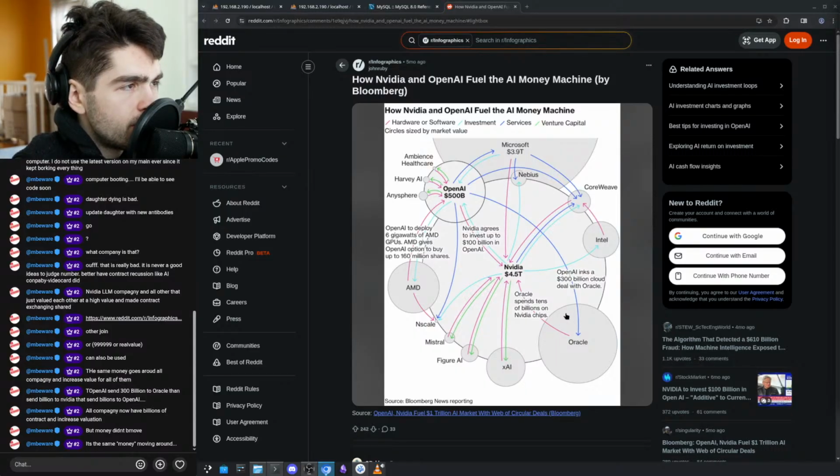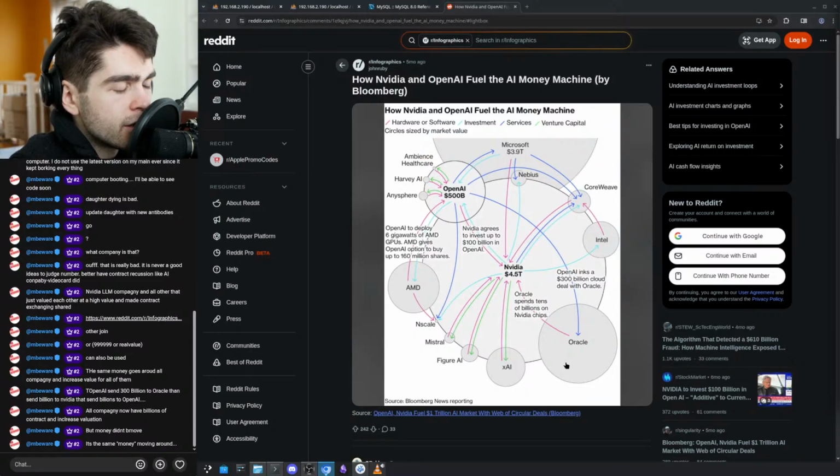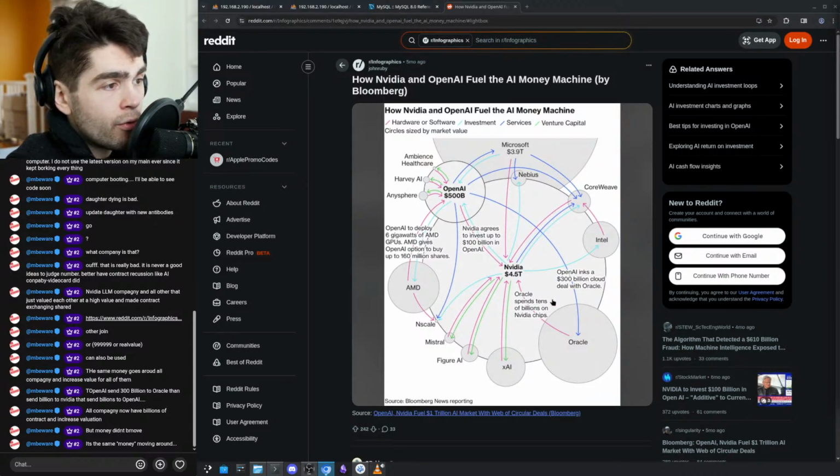Something that people I think overlook is that Oracle, I don't remember the timeline because it's been some time and I don't really follow American companies closely. But Oracle did this a couple of times where they were like, we partner with OpenAI for that amount of billions. We partner with them for that amount of billions. And they were all clearly fucked contracts.